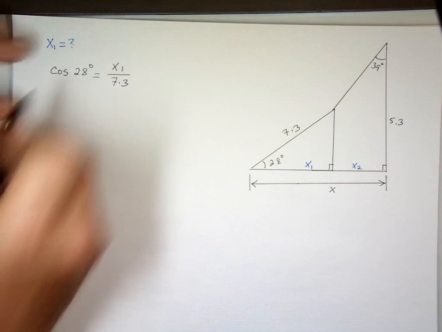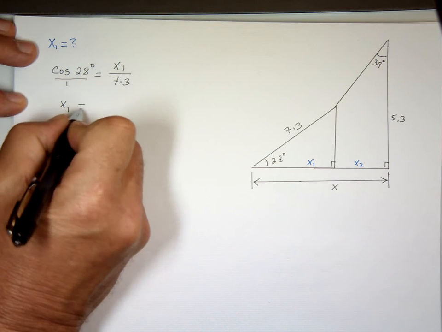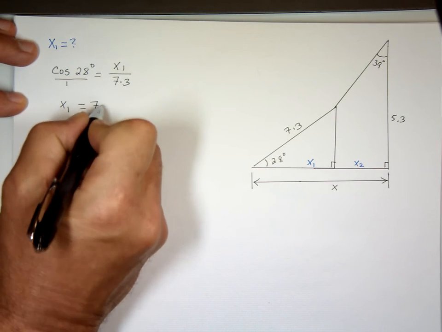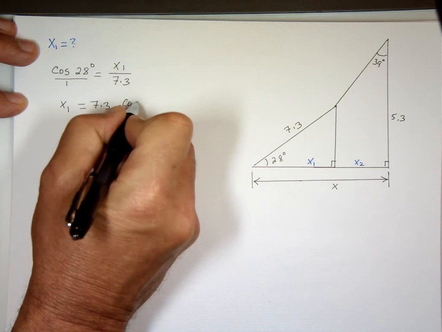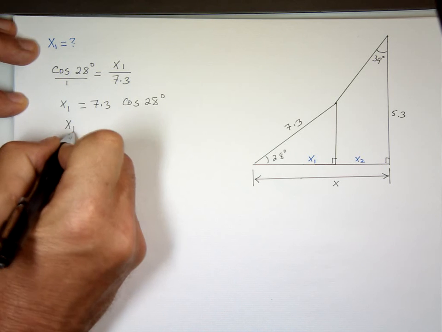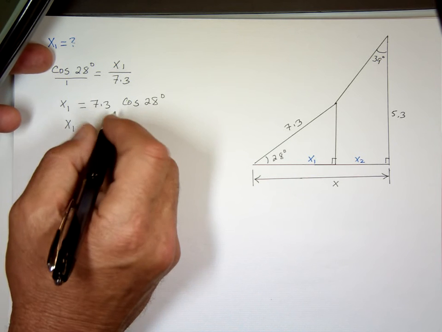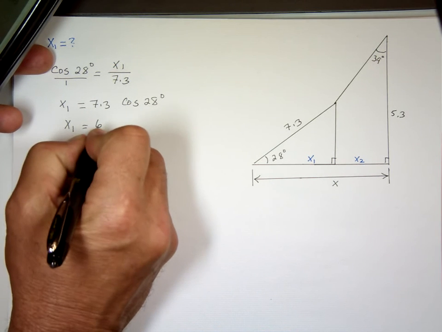Cross multiply. x1 equals 7.3 times cosine 28 degrees. Make sure you calculate in degree mode. It is 6.45 roughly. I will round my answer later.